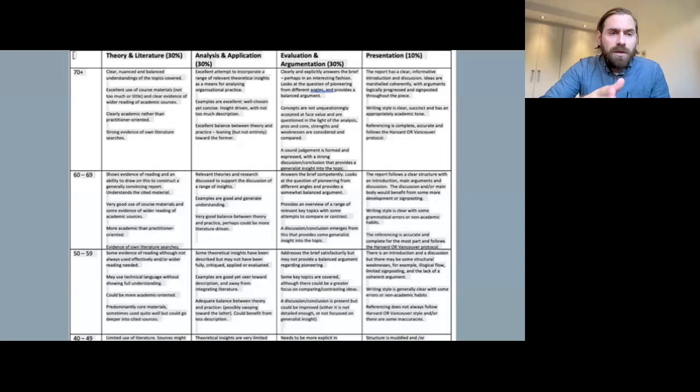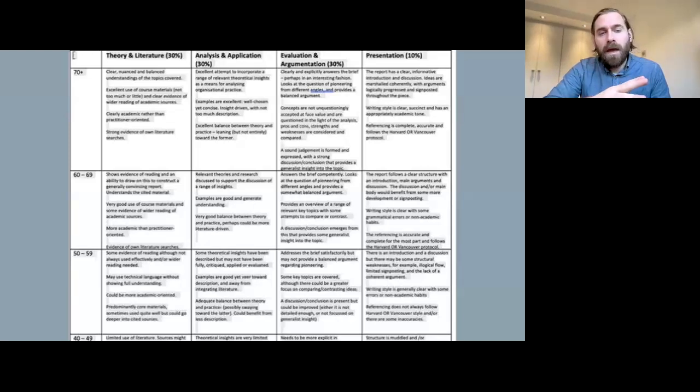So things for you to notice here. If you look from the top down, that's where we're looking at the various grading bands. So we've got first class, upper second, lower second, and then after that, we won't go through those today, but we've then got the thirds and the fails. So that's just going from the top down. But really what I'd like you to look at is these 4 categories. So we've got theory and literature, analysis and application, evaluation and argumentation, and presentation.